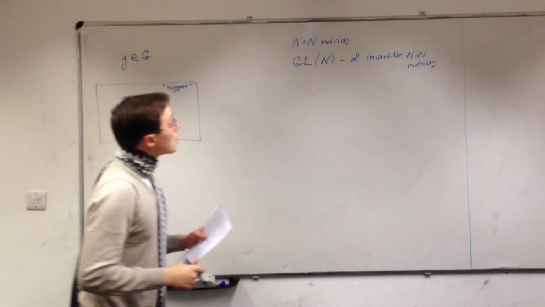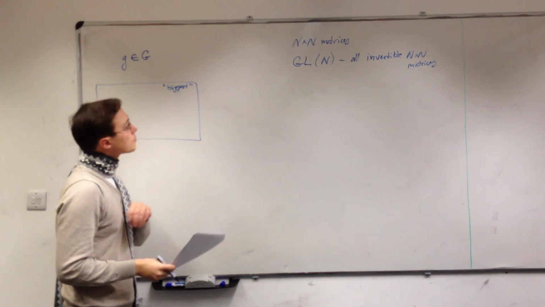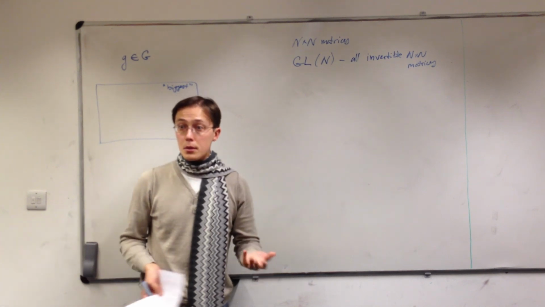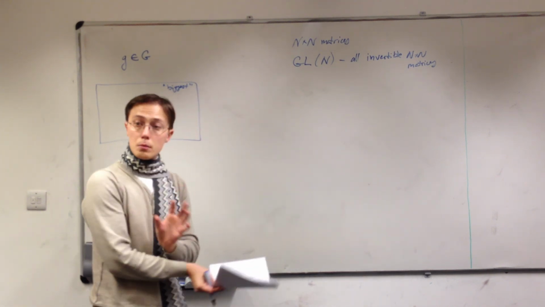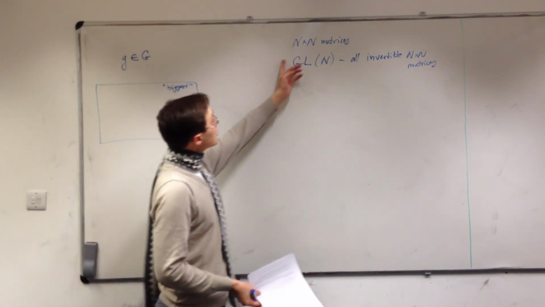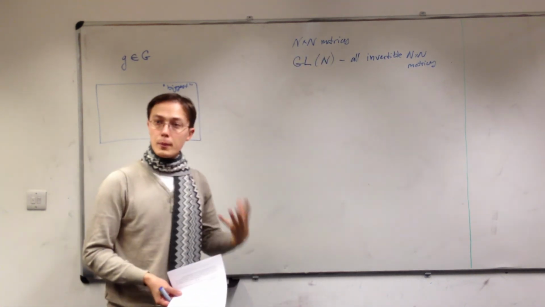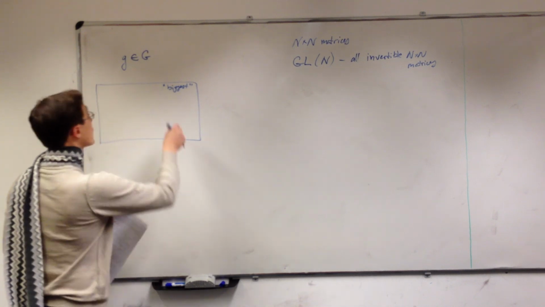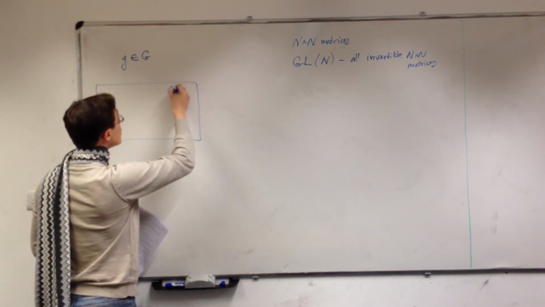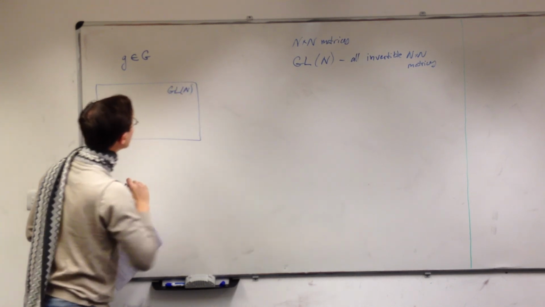So for all the groups of specific matrices, for example, we can ask for a group of all Hermitian matrices, the inverse is also Hermitian, and the product is Hermitian, so it would be a group, but it will be a subgroup of GL(n). So in a sense, this is the biggest possible group of matrices n by n, and so we can erase this little "biggest" here and say that this is GL(n).